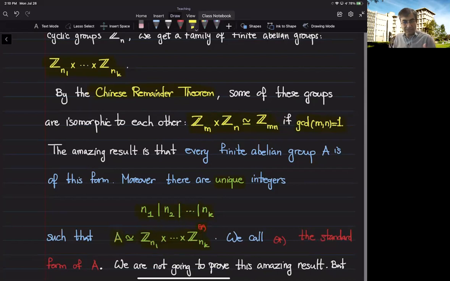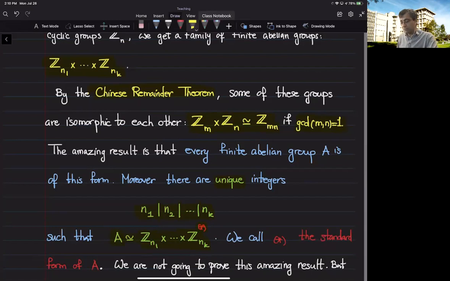So I give you an abelian group and I ask you, can you find the standard form of A? Then that means you have to give me this sequence of integers, each one dividing the next one, and show that this abelian group that I'm giving you is isomorphic to the Cartesian product of Z sub n sub i's.